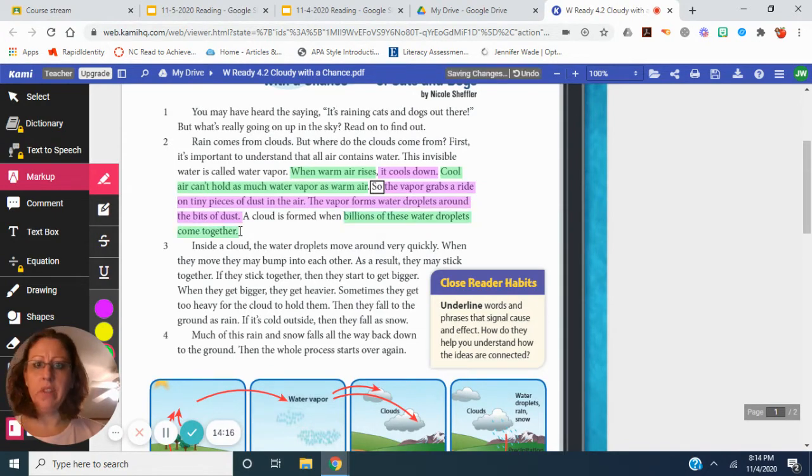There we go. So there's our cause. And I do see a signal word in that sentence and the effect. So I'm going to pause so that you can tell me what the effect is.